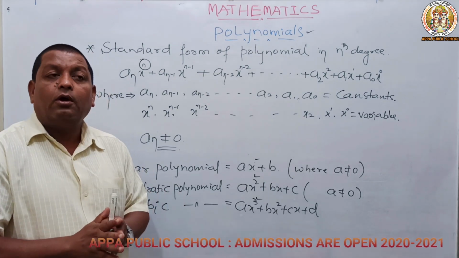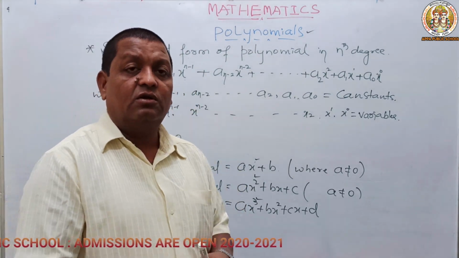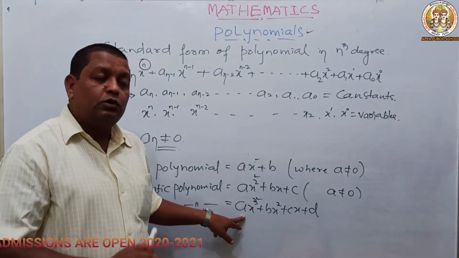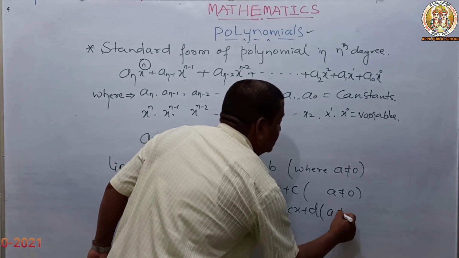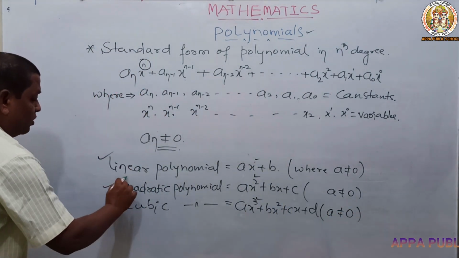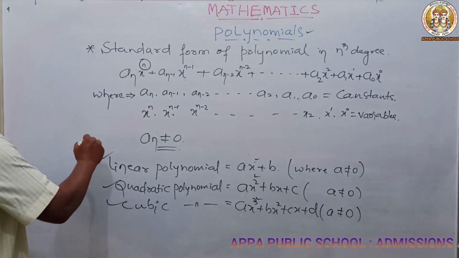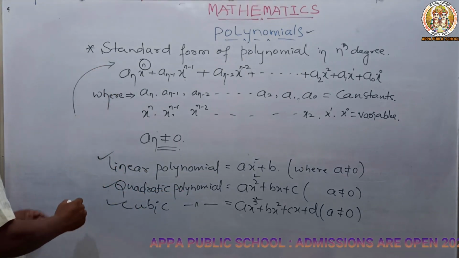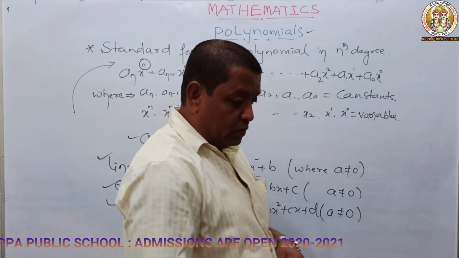So to have a cubic polynomial we need the condition: a should not be 0. So like that, linear, quadratic, cubic, nth degree. In nth degree also, an is not equal to 0.